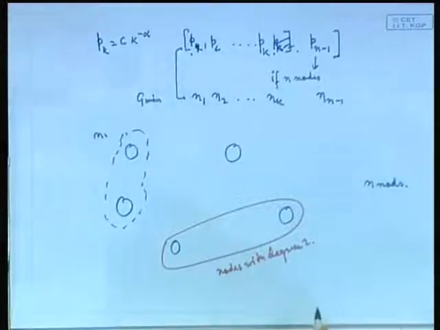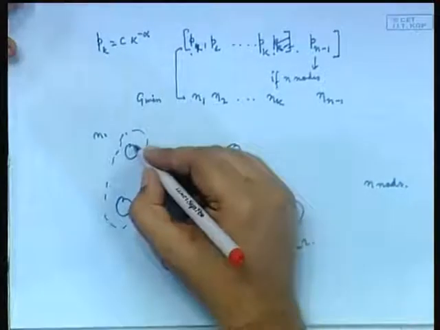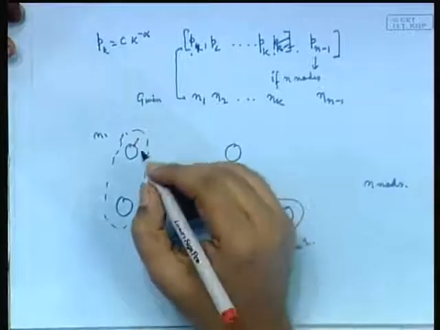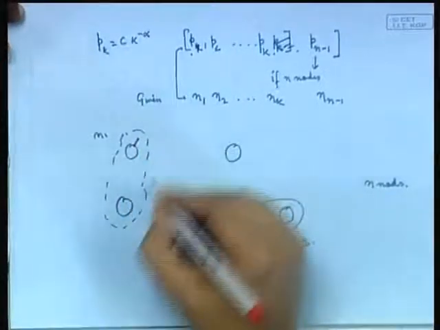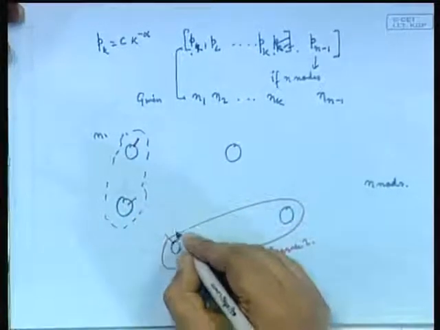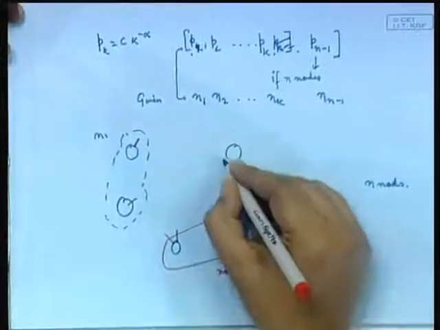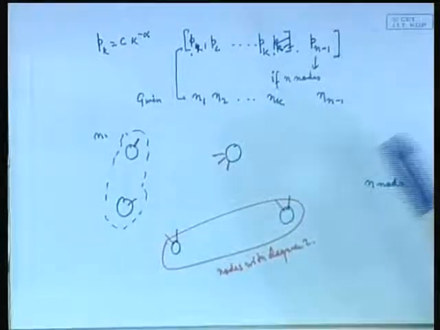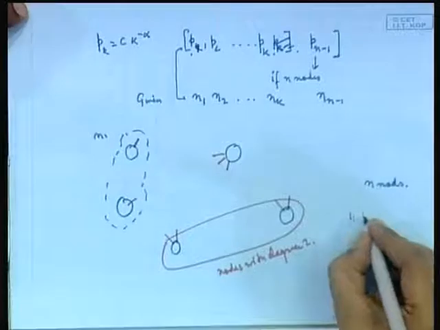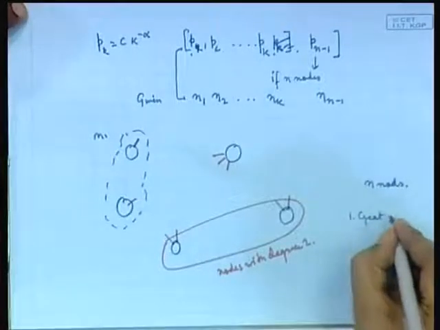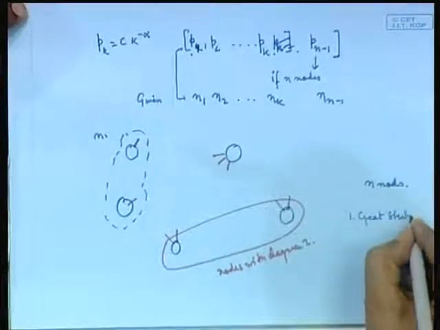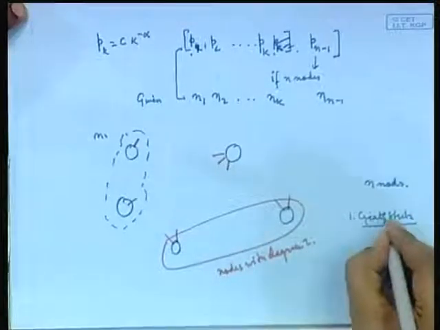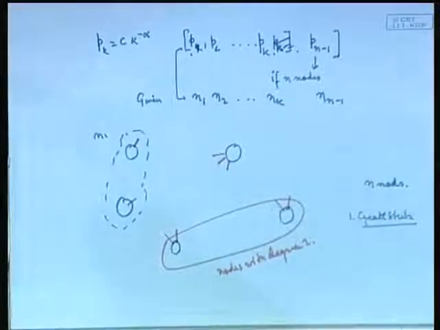Now, for each, what you do? You randomly create stubs or ends. So, for these you create 1, for these you create 2, 2, and let this be 3. First create stubs. So, step 1 is create stubs. Clear?